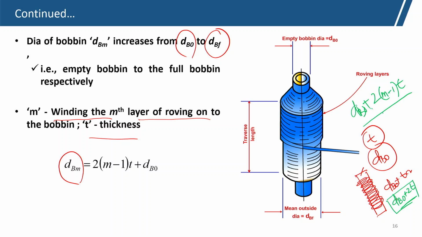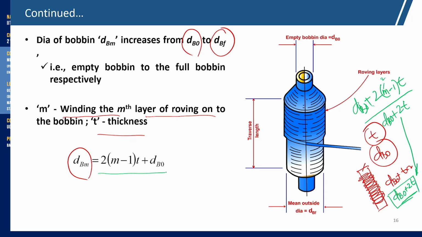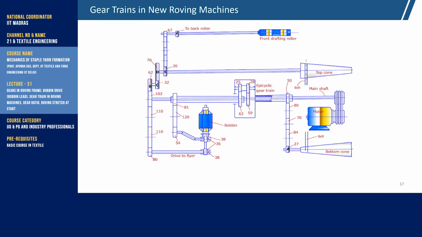For the second layer, you just put in m as 2, so the diameter is dB0 plus 2T. For the third layer it will keep on changing. So, this is the generalized formula for the mth layer.